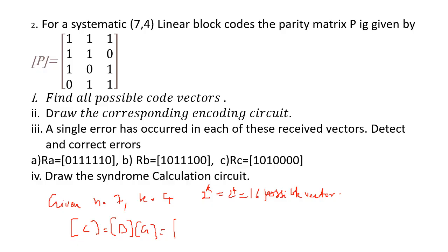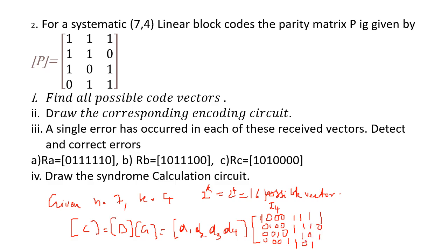So D is nothing but D1, D2, D3, D4, and the generator matrix is the identity matrix I_k, where k is equal to 4. We can write it as 1 0 0 0, 0 1 0 0, 0 0 1 0, 0 0 0 1. This forms your identity matrix of size I4, which is concatenated with the parity matrix 1 1 1, 1 1 0, 1 0 1, 0 1 1.